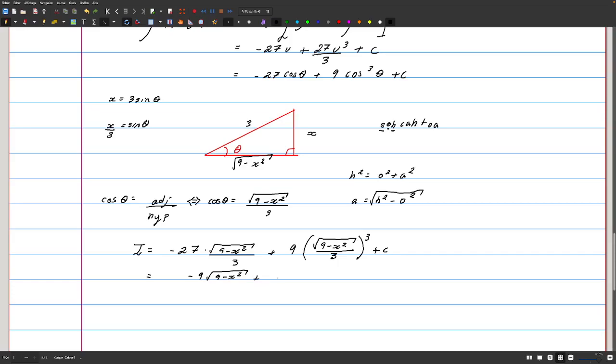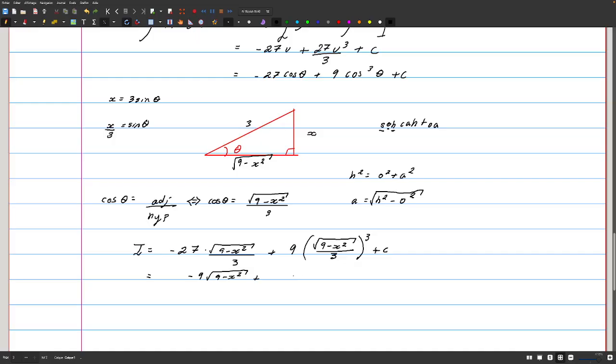plus, and then here I believe your teacher will let you, but kind of up to them, we'll get 9 over 27 times 1 over 3, but I believe you can just leave it this way. I would just leave the argument as that.